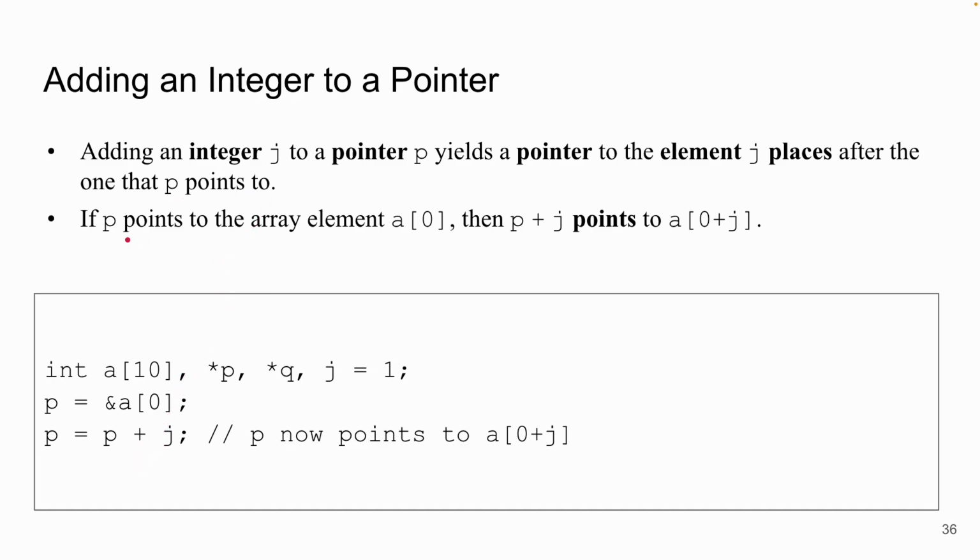In this case, P originally points to A[0], right? So if we add J to P and the value of J is 1, then it will make P point to A[0 + J]. This is how it works for the first pointer arithmetic.